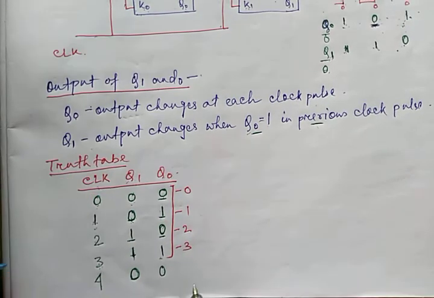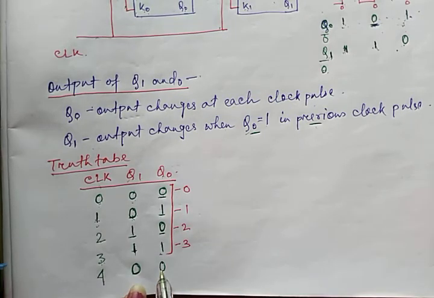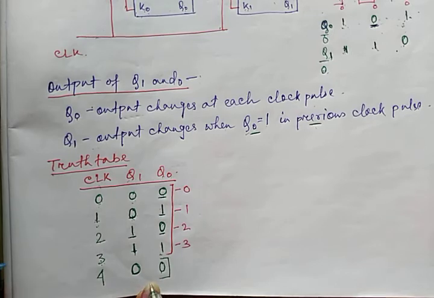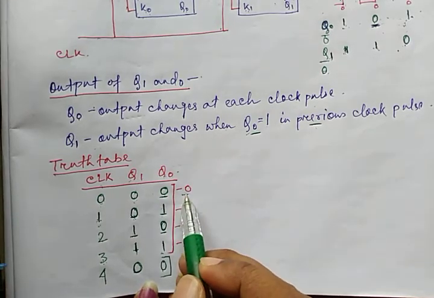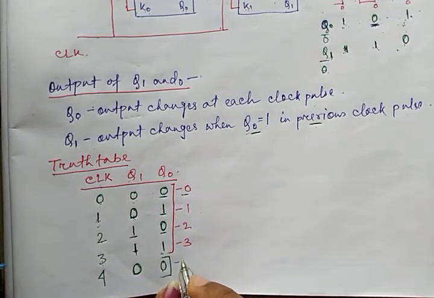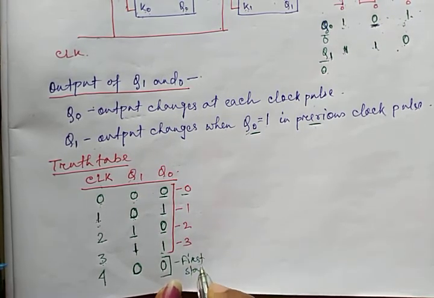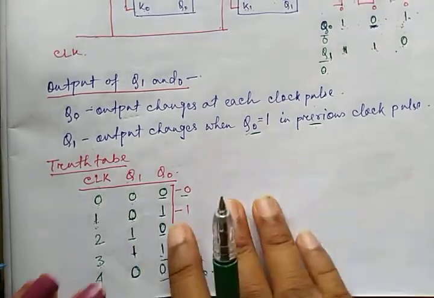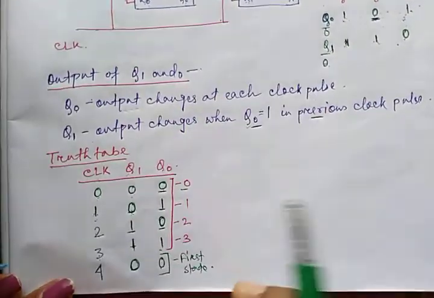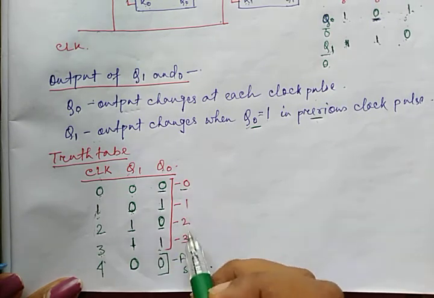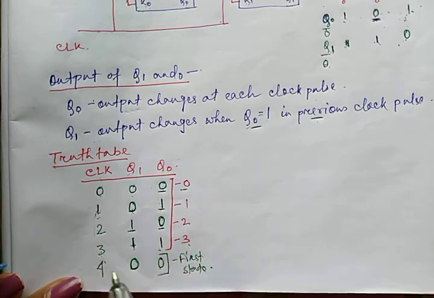So you can see that all the values will be converted into 0 0, that is its first state. Okay, so it is again the first state.